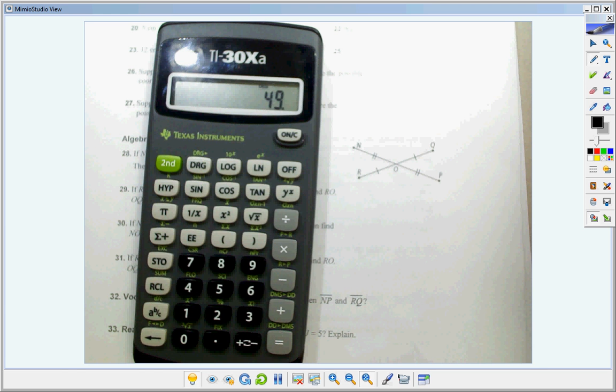Why does one calculator say that this is positive and one calculator say that it's negative? One calculator squared 7 and then made it negative.